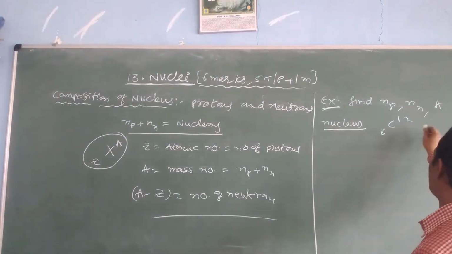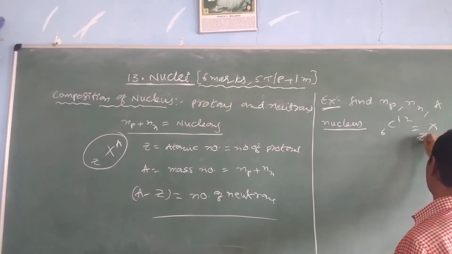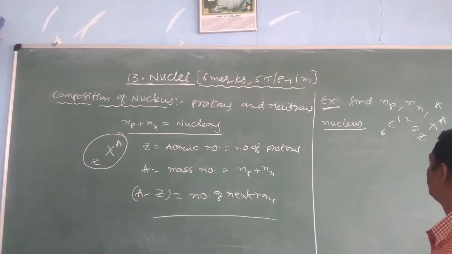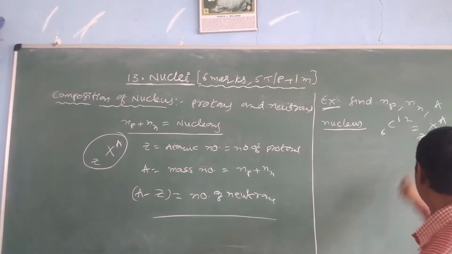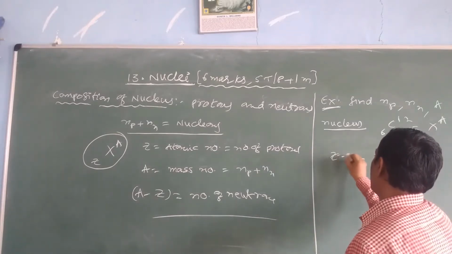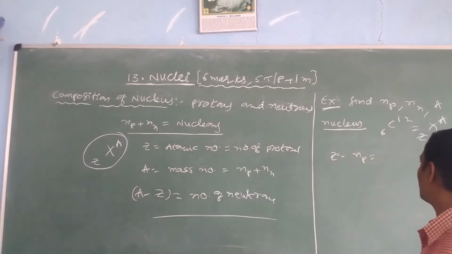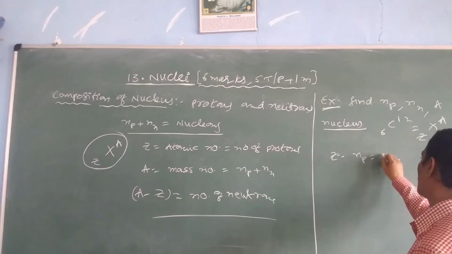It is in the form of X with Z and A. Comparing these two, Z means atomic number, which is also the number of protons. So the number of protons becomes 6.